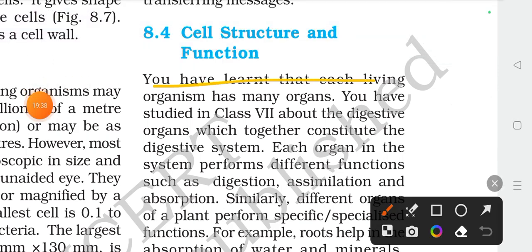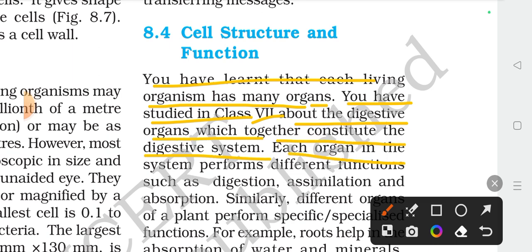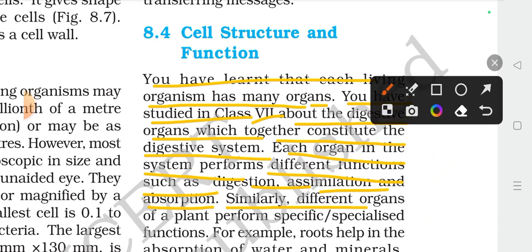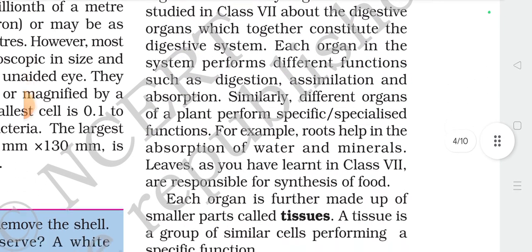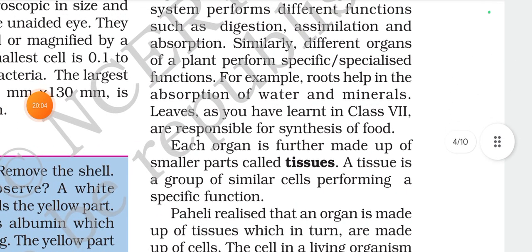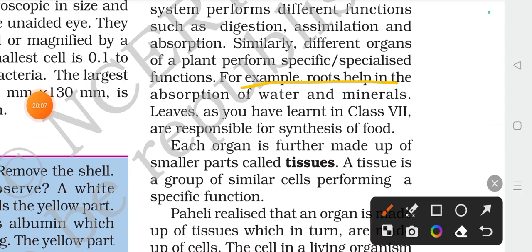You have learned that each living organism has many organs. You have studied in class 7 about the digestive organs, which together constitute the digestive system. Each organ in the system performs different functions, such as digestion, assimilation, absorption. Similarly, different organs of a plant perform specific specialized functions. For example, roots help in absorption of water and minerals.